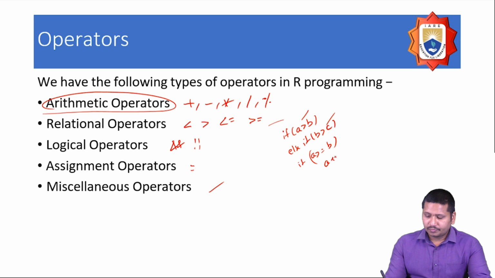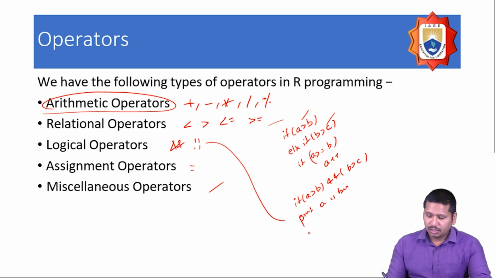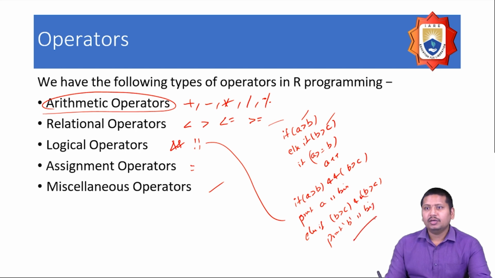Similarly, logical operators are used if I want to test more than one condition, like if A is greater than B and B is greater than C, then print A is big, else if B is greater than C and B is greater than A, then print B is big, like this.